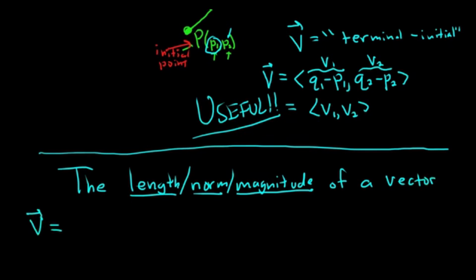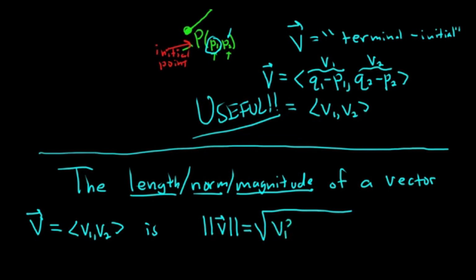In component form it would be v1 comma v2, and what you do is you write these two double bars and put the v inside, and it's the square root of the components squared, so v1 squared plus v2 squared. That's the length, norm, or magnitude of a vector.